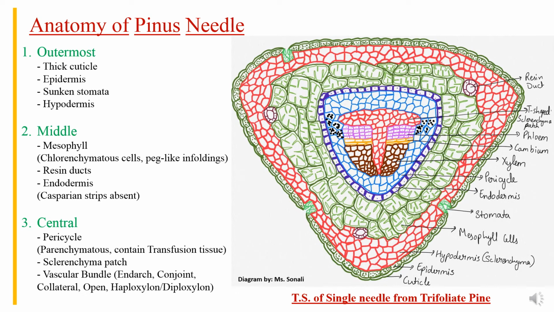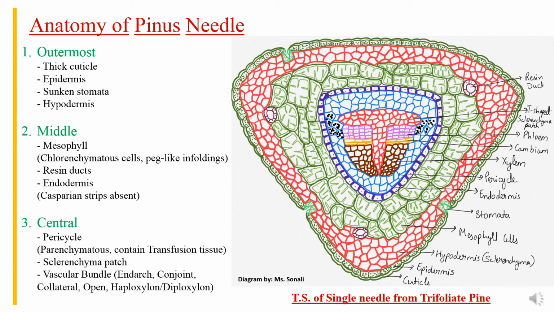Now, one peculiar feature of chlorenchymatous mesophyll cells is that the inner wall of the cell folds inside the cell and forms peg-like infoldings. Resin ducts are present in this region. Position of resin ducts may vary from species to species, that is, they can be present towards the hypodermis or endodermis or in between mesophyll cells.